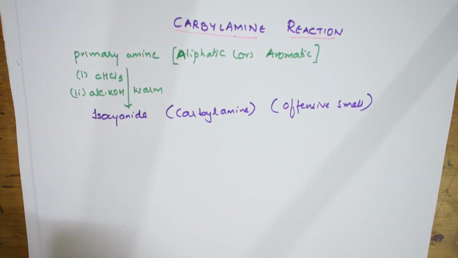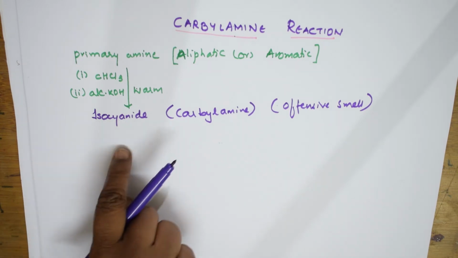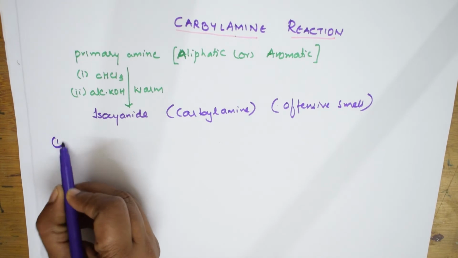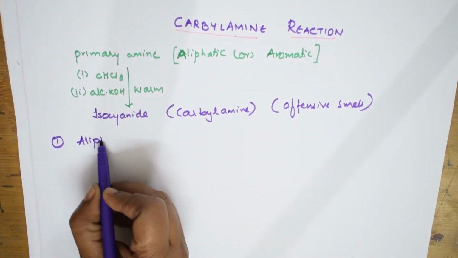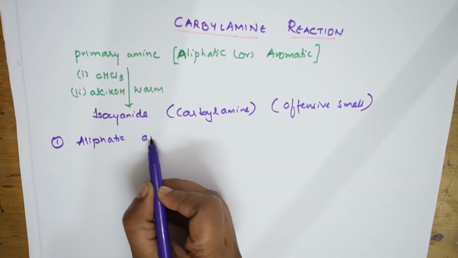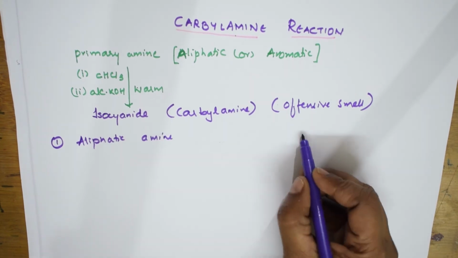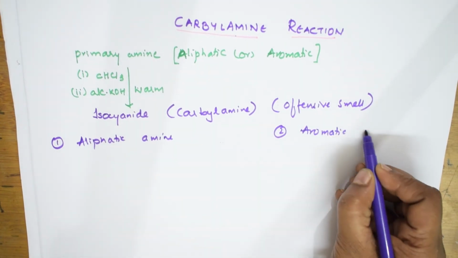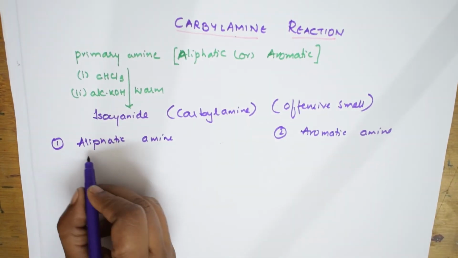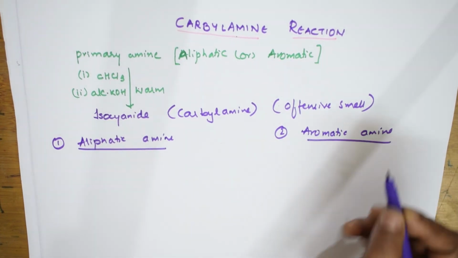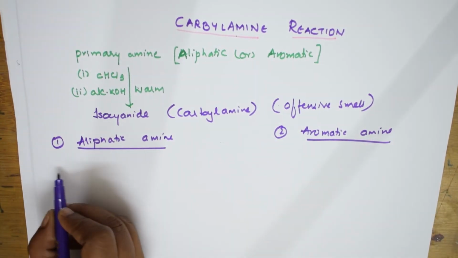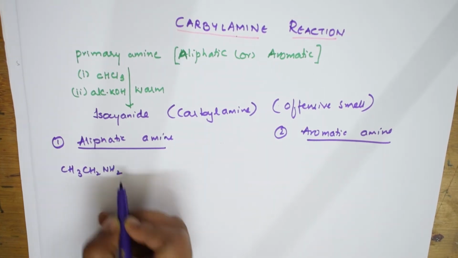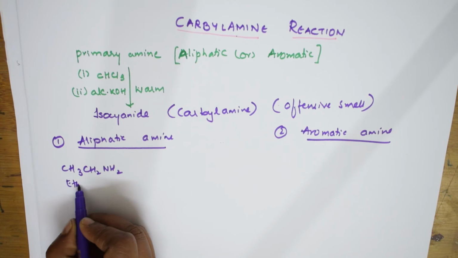Now let us write the reaction, then go with the mechanism. I'll be taking both aliphatic and aromatic examples. First, when I take an aliphatic amine, let me write it here. Then I will write one more reaction, the second one, as aromatic amine. So both, it's easy for you to understand. Aliphatic amine is nothing but a straight chain. For this, I'm going to take the example of CH3CH2NH2. This is called ethylamine, isn't it?